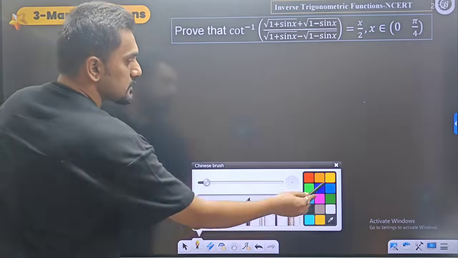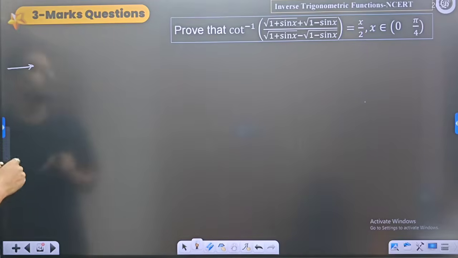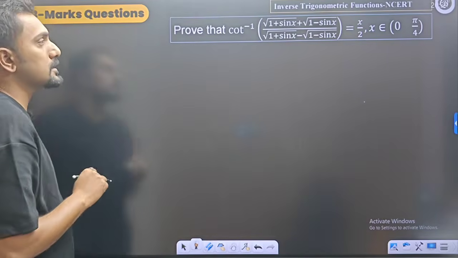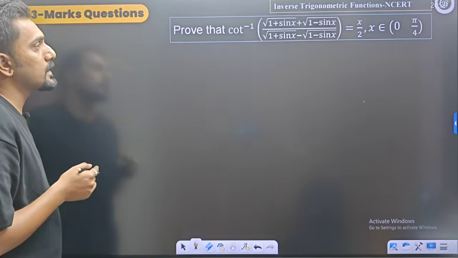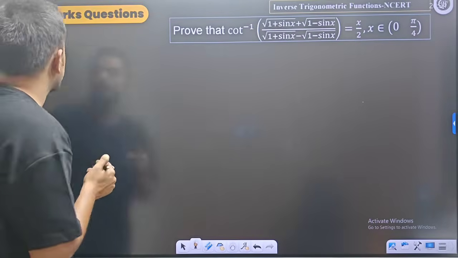Next question is also of 3 marks. This question, the same question, you will be using the foundation knowledge in case of differentiability, right?